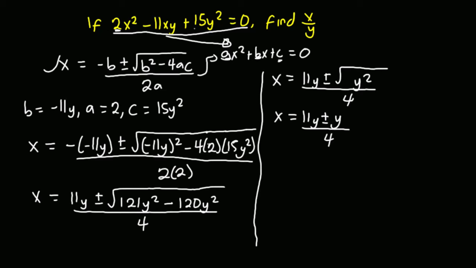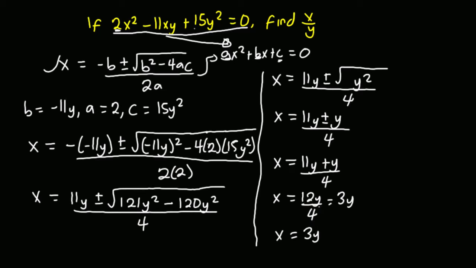So what this means is that x has two values. That is, x is either equal to 11y plus y all divided by 4, where in this case x will give us 12y divided by 4, which will give us 3y.